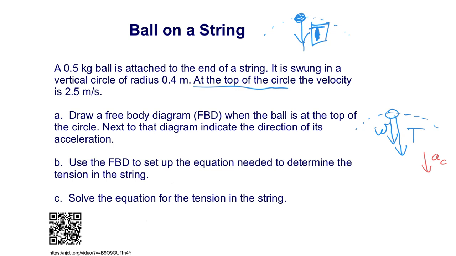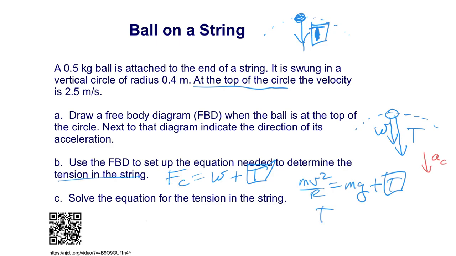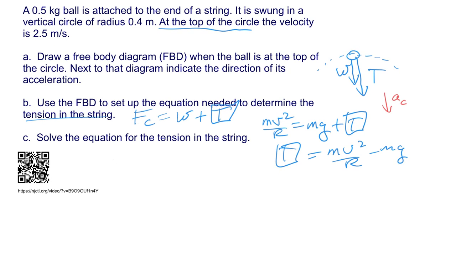So the equation to determine the tension in a string: the centripetal force is the sum of those two forces, the weight plus the tension. So centripetal force is mv squared over r equals weight, mg, plus tension, which is what we're solving for. So tension equals mv squared over r minus mg, or take the m out.